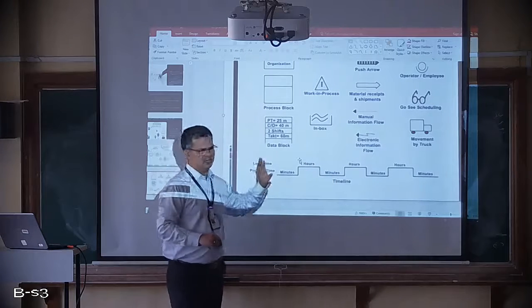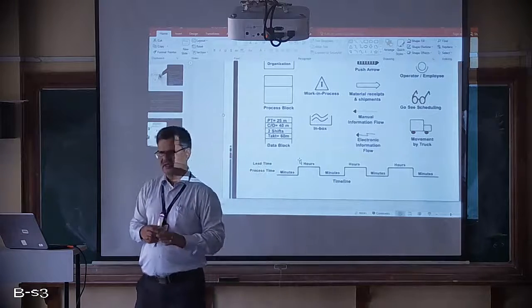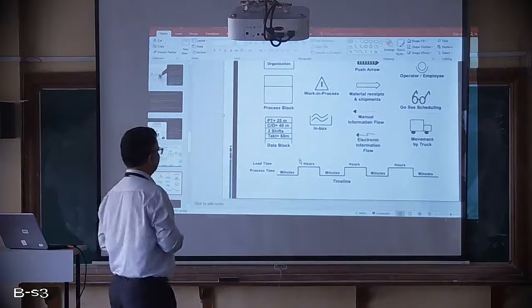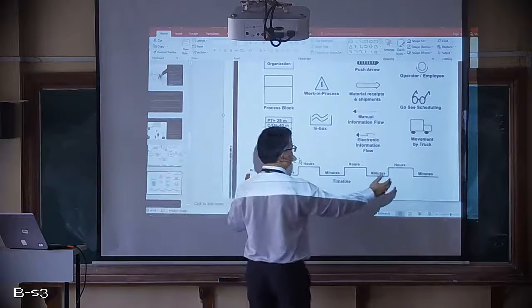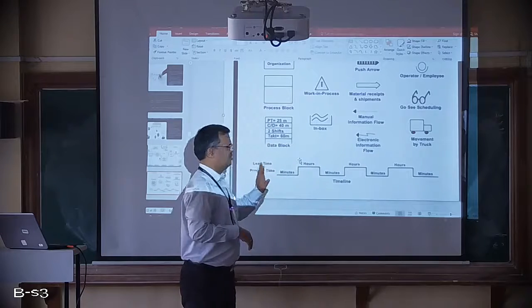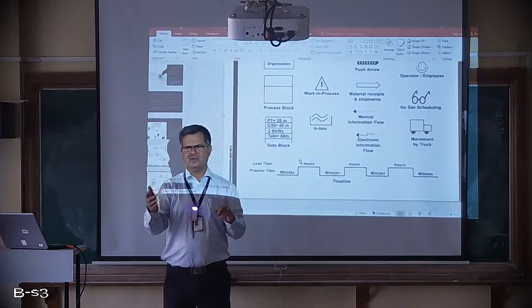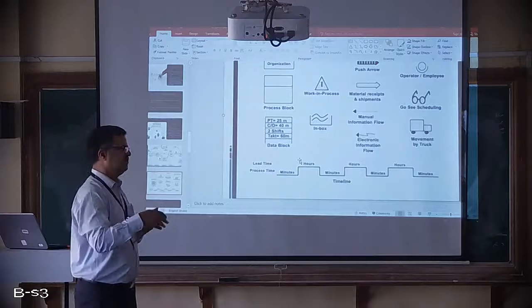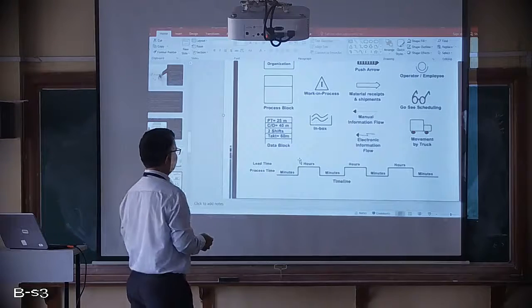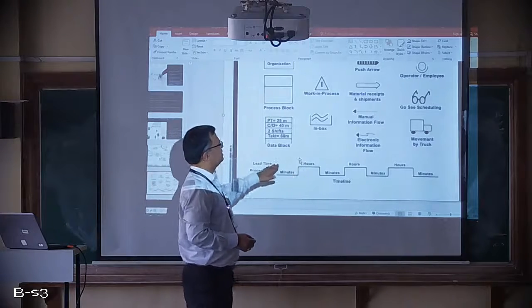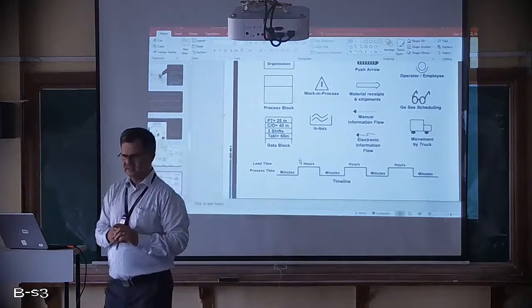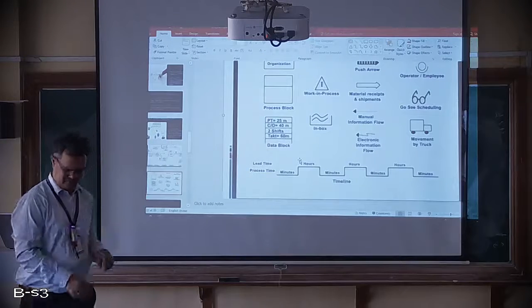Lead time can also be shown in minutes if it is very small. Normally, when you have the total, they show lead time in hours only, 1 hour, 2 hours, 5 hours, 10 hours, because it takes lots of hours, and in minutes it becomes in terms of thousands. So better to show lead time using the number of hours only. That's the typical way of expressing the value stream mapping.